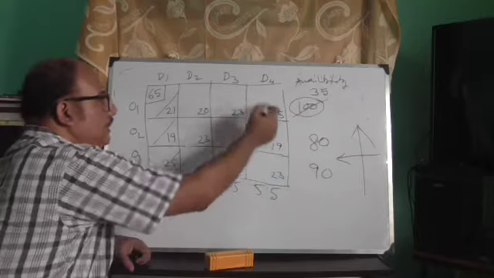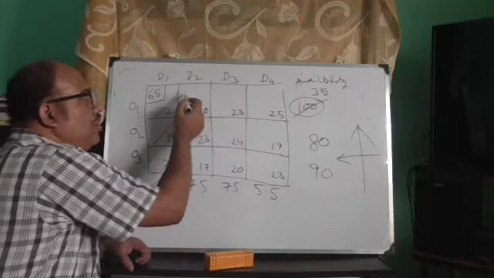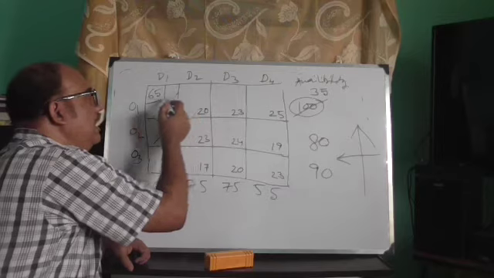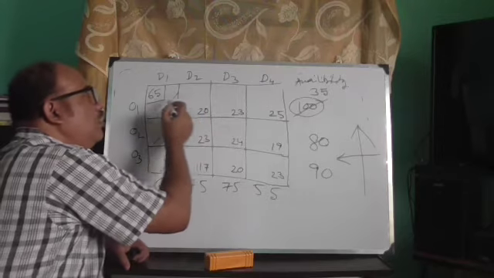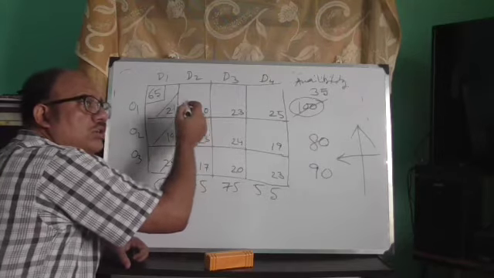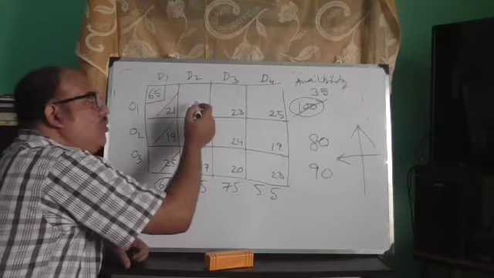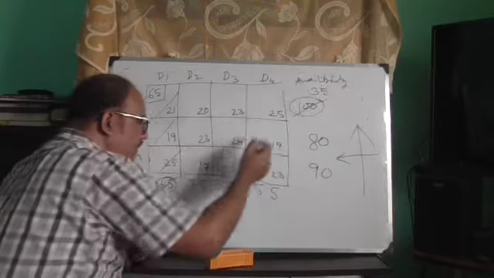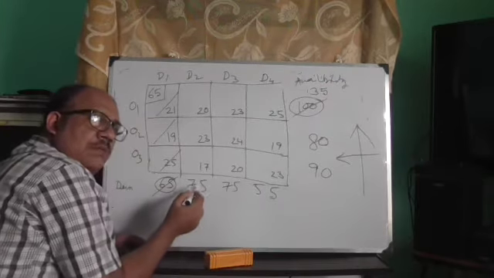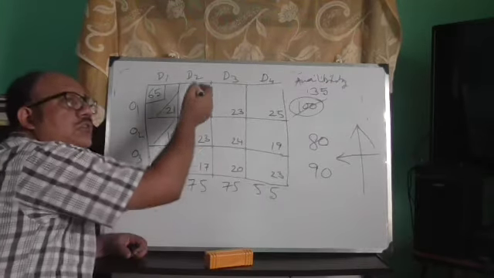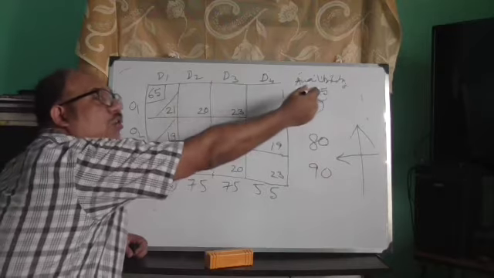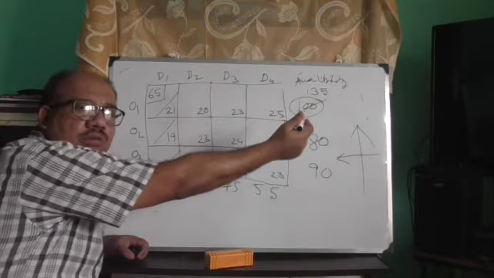The top left corner is this one. Here I will be allocating cell O1 D2, or cell 1 2. This is the position that I will be allocating, and how much will I allocate? Availability is 35 and demand is 75. I cannot give 75 units because I only have 35 units with me.